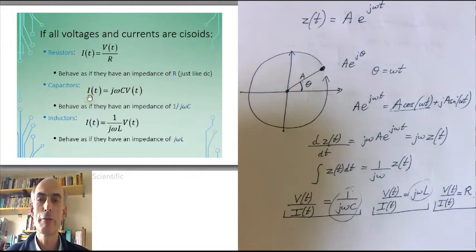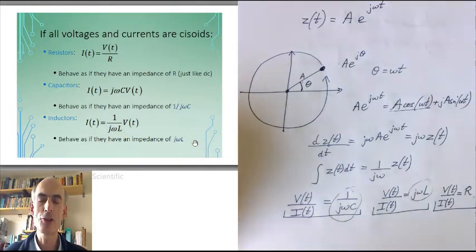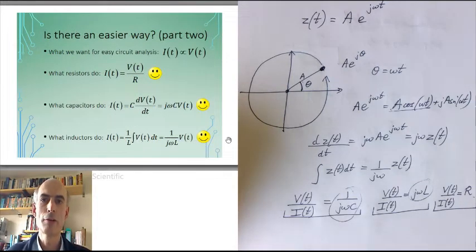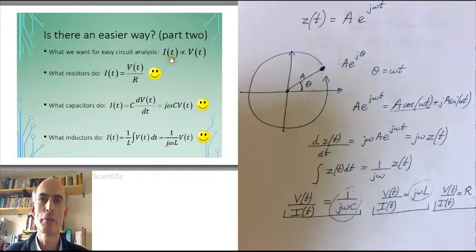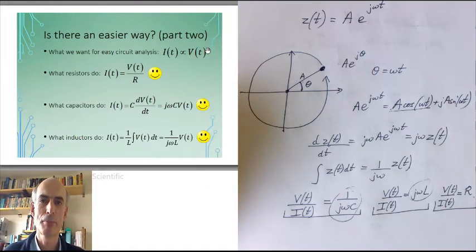For a capacitor, if I've got a sinusoidal current and a sinusoidal voltage, then the ratio of the current to the voltage is j omega C, which means they're behaving just like a resistor with an impedance of 1 over j omega C. And for an inductor, the ratio of the current to the voltage is 1 over j omega L, which means they're behaving just like they have an impedance of j omega L. So now, for all of these types of component, we have a current through the component proportional to the voltage across the component, which means all of the results that we've previously derived for resistors using Ohm's law can be applied to capacitors and inductors as well.